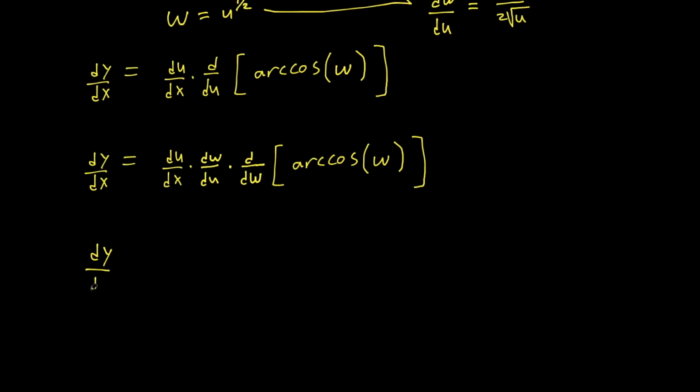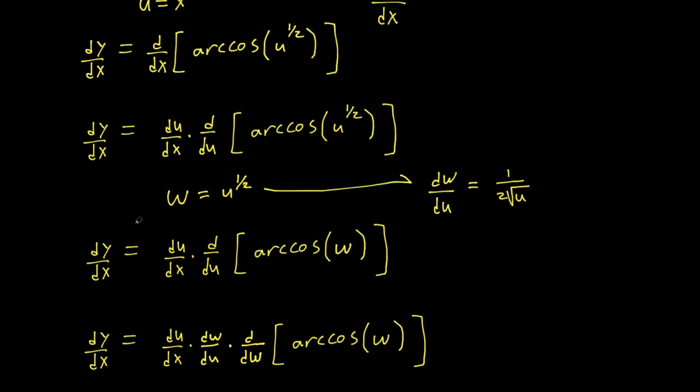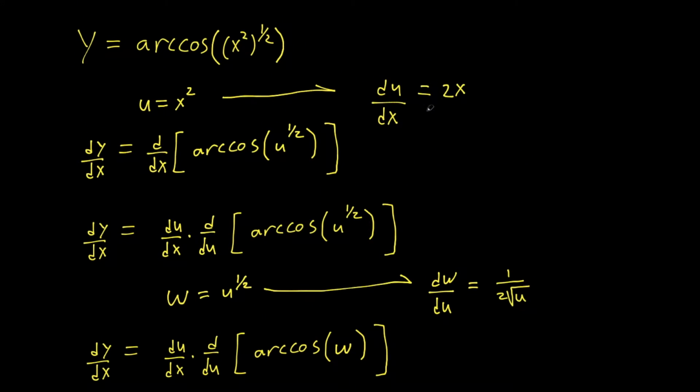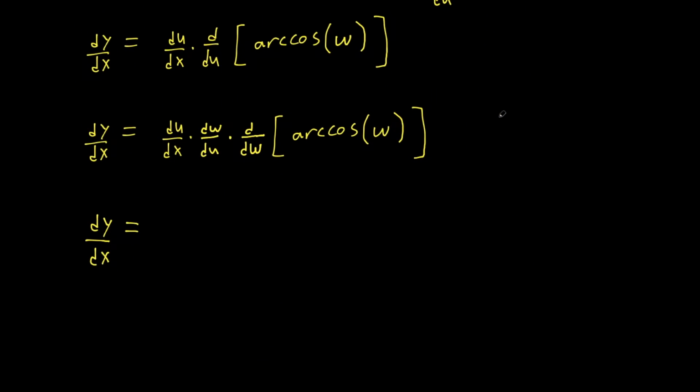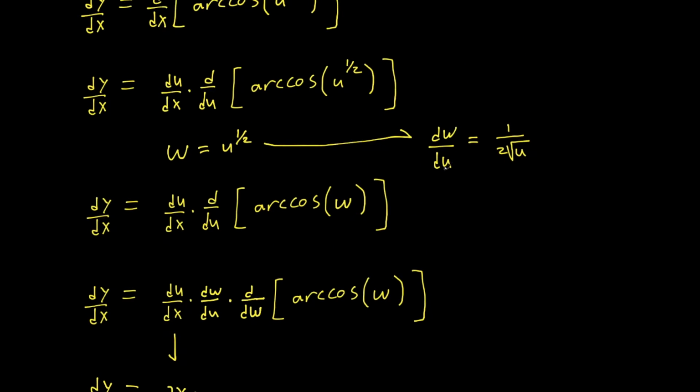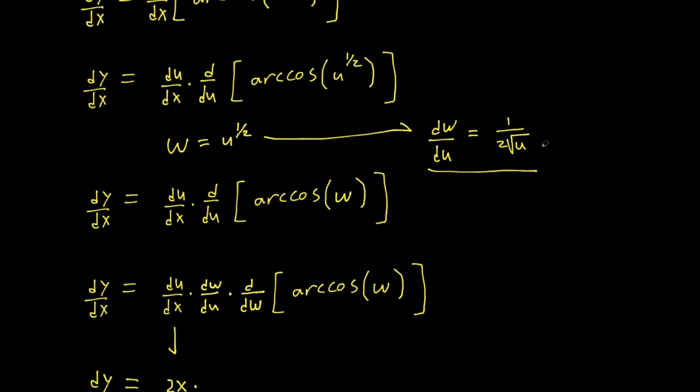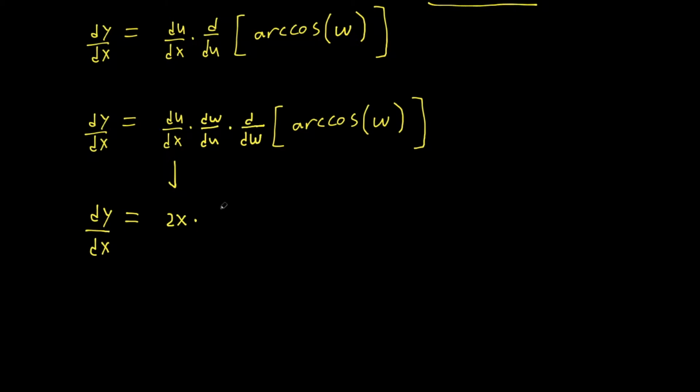And now it's just going to be a matter of bringing down these derivatives we took and undoing substitutions. So derivative of y equals, we already said that du dx is going to be equal to 2x. So let's replace that. 2x times derivative of w with respect to u, we already said is going to be equal to 1 over 2 times the square root of u.